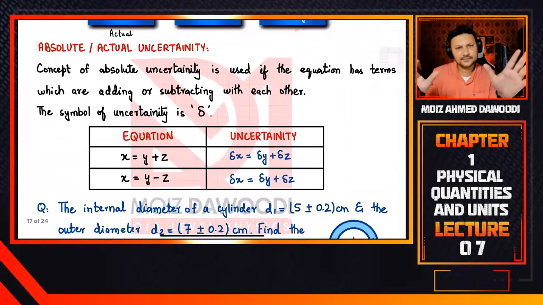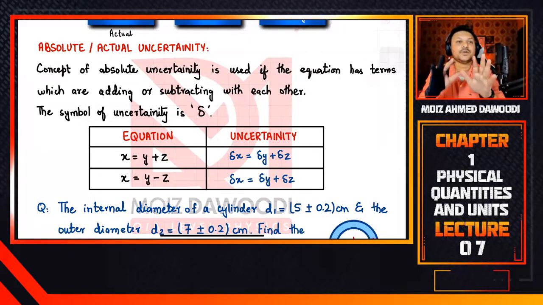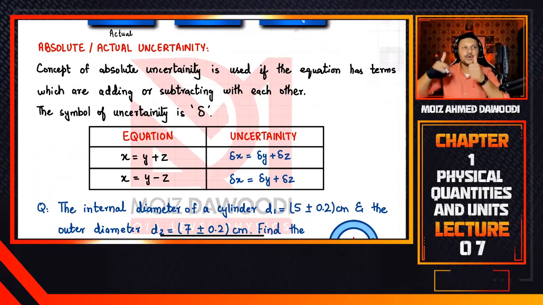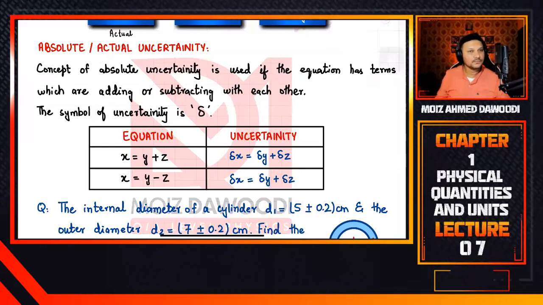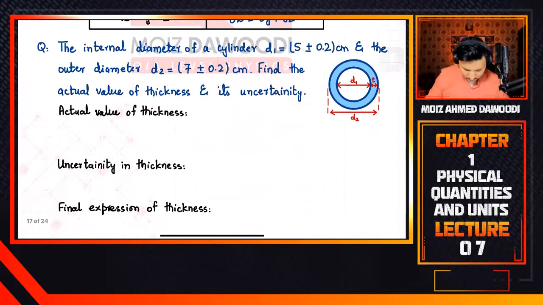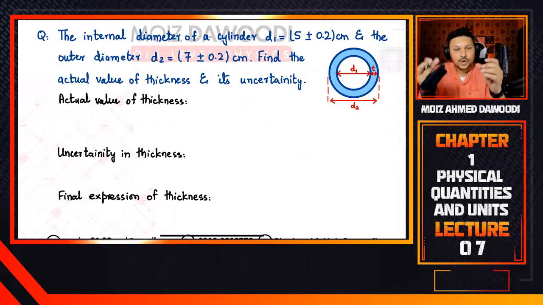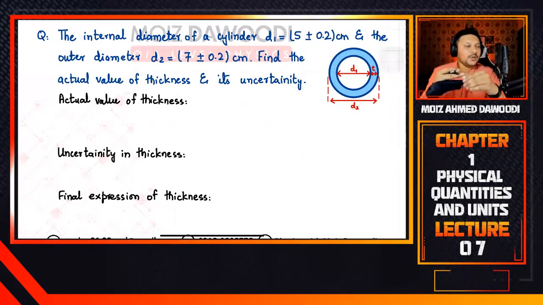But this isn't fun. Let's do a question through which the concept of fractional, absolute and actual uncertainty becomes clear properly. Are you ready? Shall we start the question? Yes, sir. Cool. So I designed one question just to reflect the idea of absolute or actual uncertainty. So let's read the question.